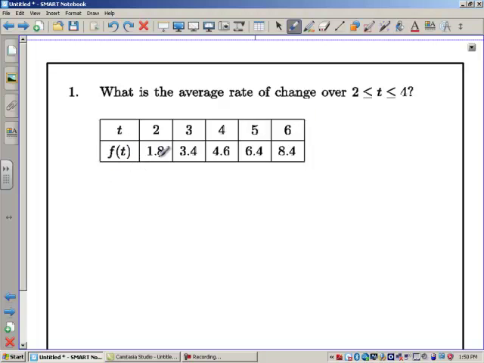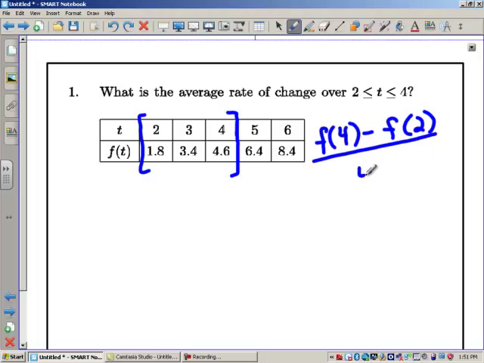These are positions, 1.8, 3.4, and so on. For the average rate of change on the interval from 2 to 4, we narrow our eyes in here. Our average rate of change is going to be f of 4, the right-hand endpoint, minus f of 2, the left-hand endpoint, over 4 minus 2.